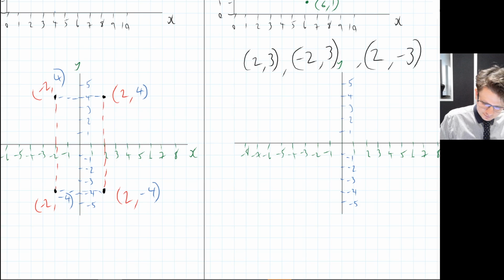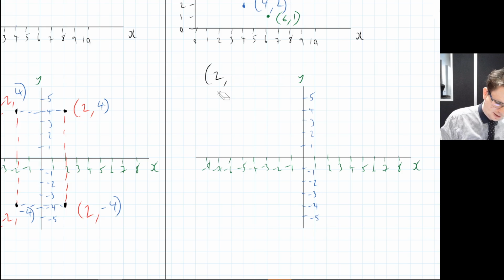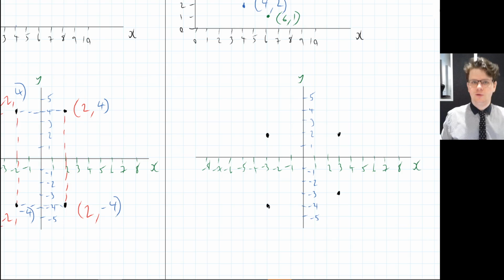I'm not going to tell you what they are. I'm going to draw them, and you're going to tell me what they are. So, here are your points. 1 there, 1 here, 1 here, and 1 down here. So those are your 4 points. Pause the video, have a go. Tell me what each of them is called.